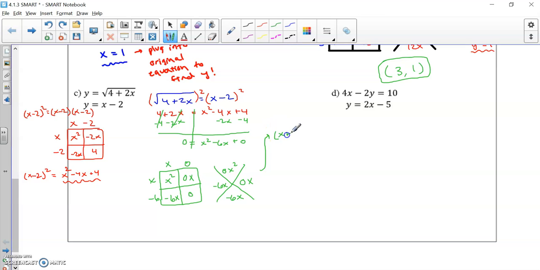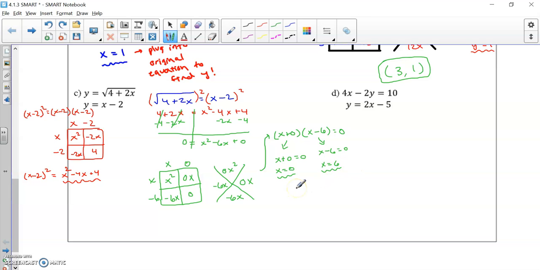We have x plus 0, x minus 6 equals 0. So now this one tells us that x is going to be equal to 0 because x plus 0 is just x. And then this one tells us that x minus 6 equals 0. So when we solve that, we get x equals 6.